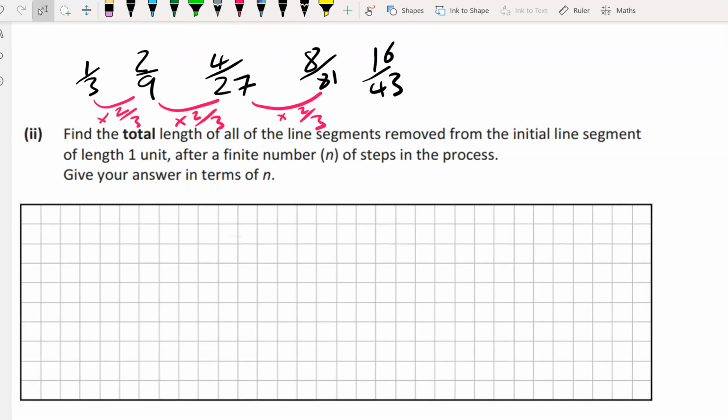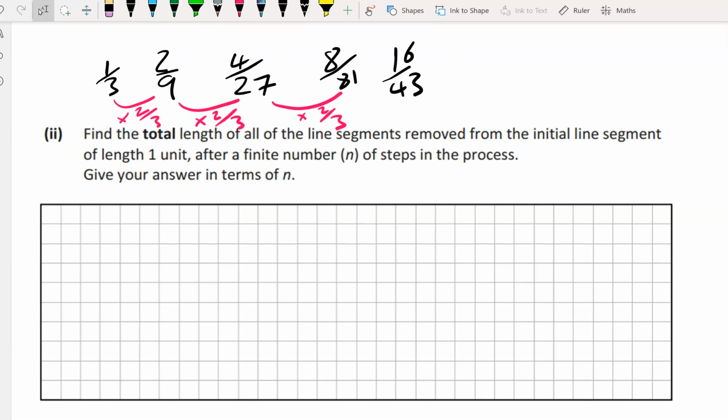So part 2 here, we have to find the total length of all the line segments removed in the initial line segment of length 1 unit after a finite number of steps, n. So the total removed: they removed 1/3, then 2/9, then 4 27ths, then 8 over 81, then 16 over 243. So we're adding them all together. It's a series, and we've already established it has the same common ratio, so it's a geometric series.